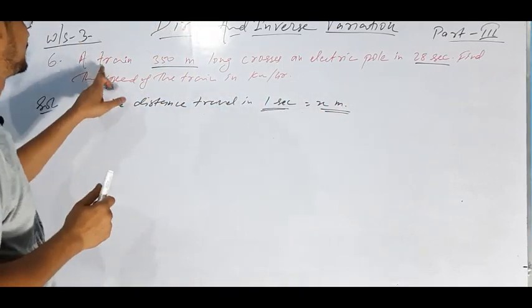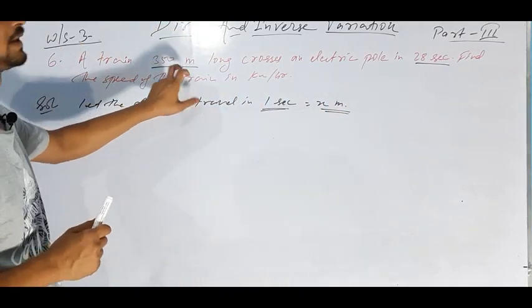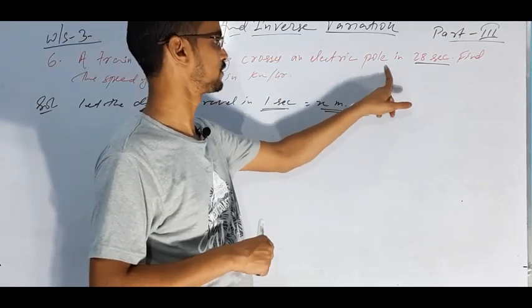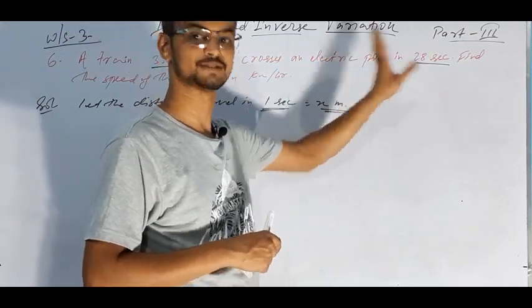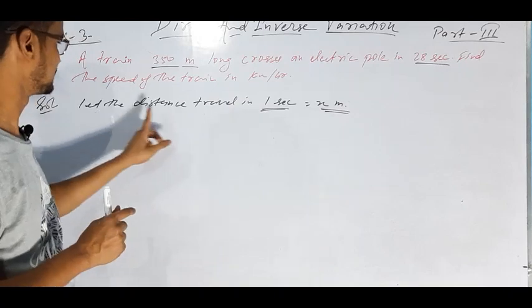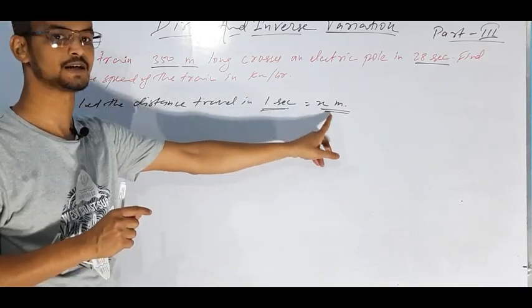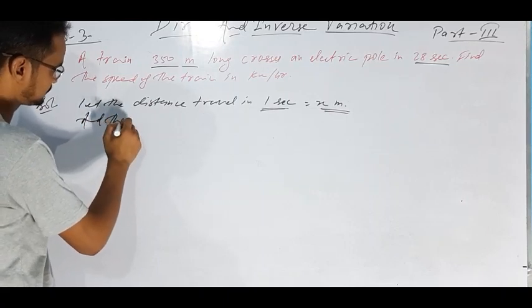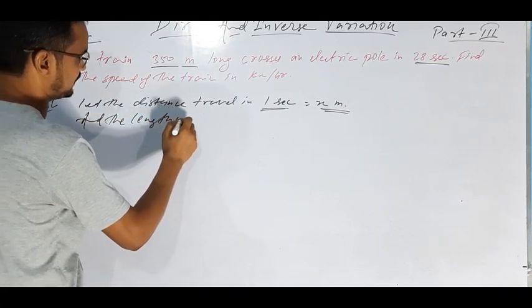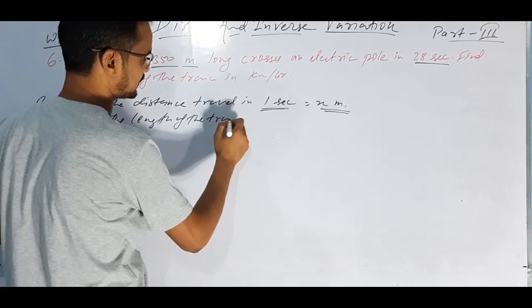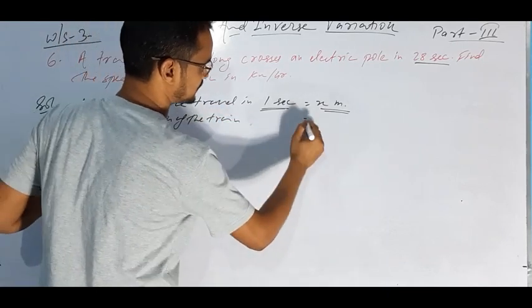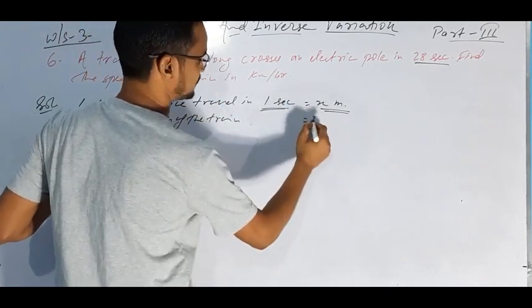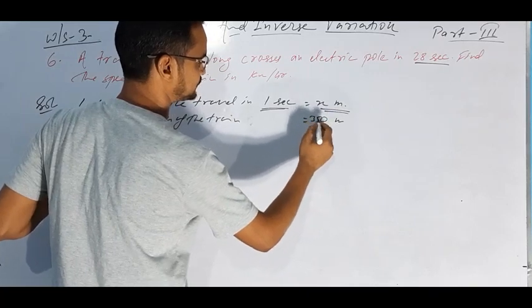Because the length of the train is given in meter and the time to pass across the electric pole is 28 seconds. Clearly, let the distance travelled in 1 second be x meter, and the length of the train is 350 meters.